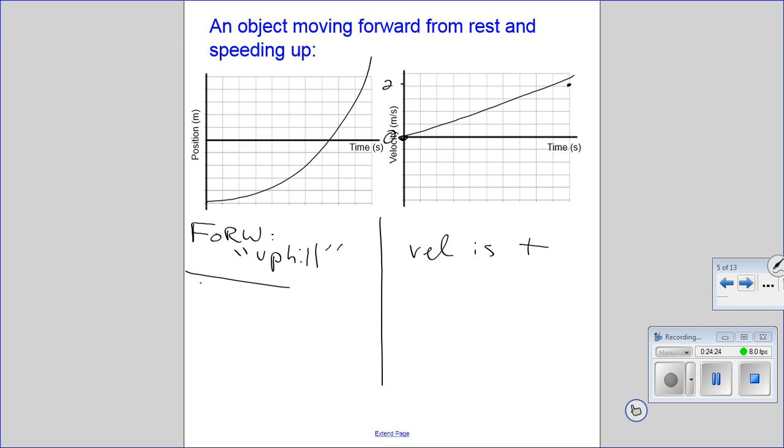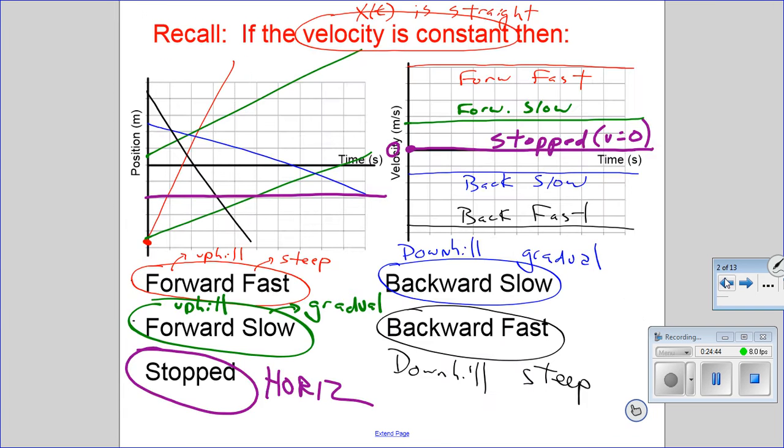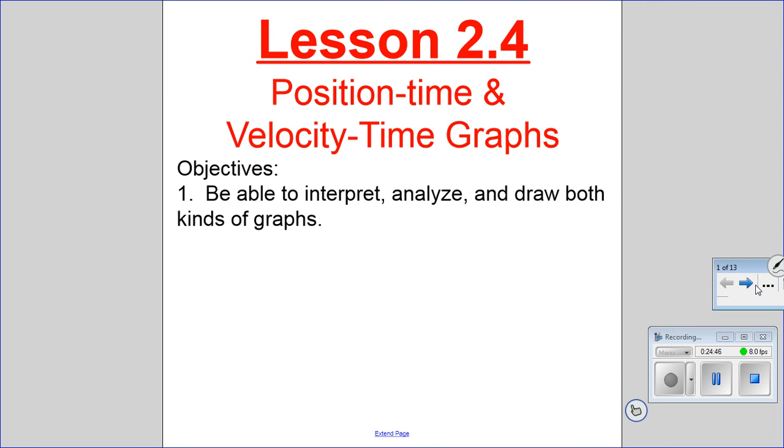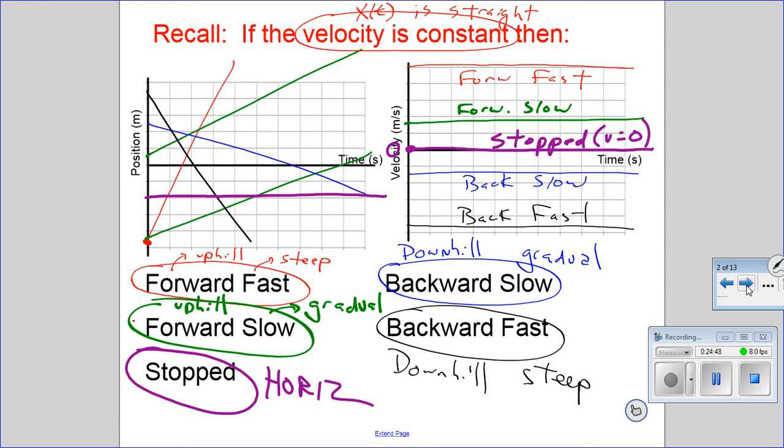All right, how do I know it's speeding up? On my position time graph, I can tell it's speeding up because it's curving. But there's something specific about the way it's curving. If you're not sure, look back. How did we decide how fast it was going?